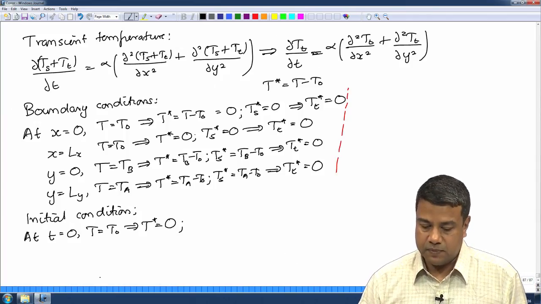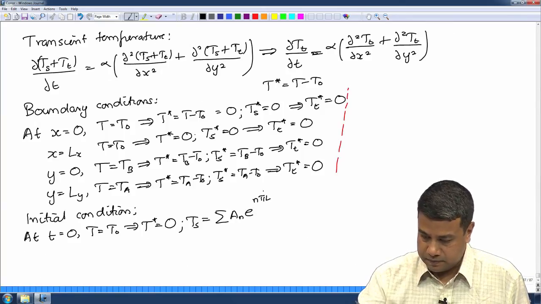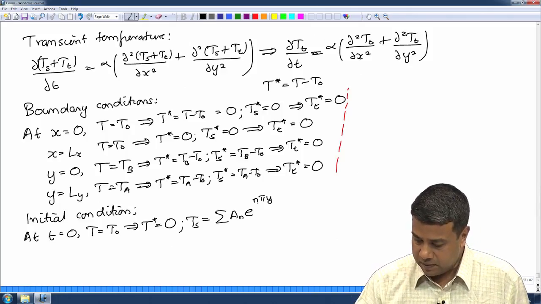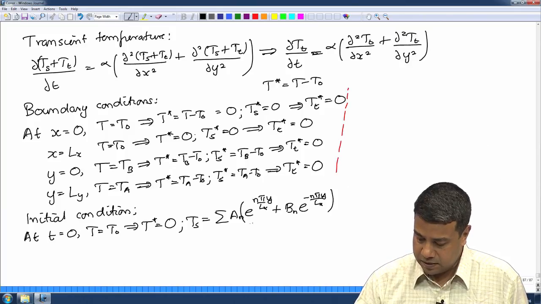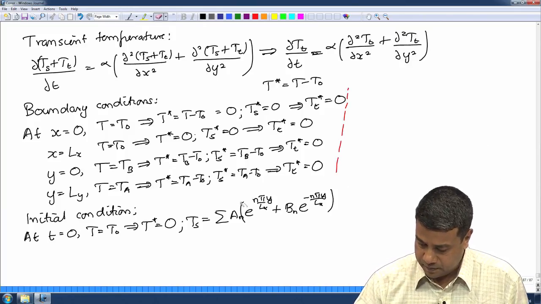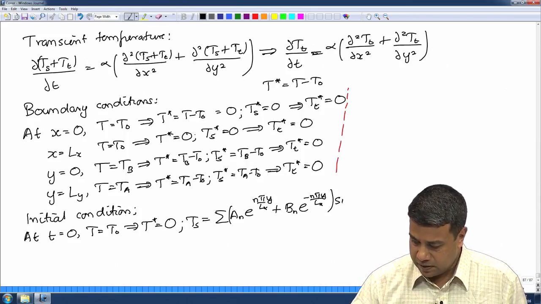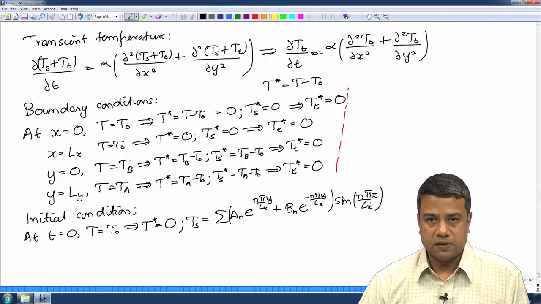The steady part is independent of time. So, the steady part is going to be equal to this summation of a n e power n pi y by L x plus b n e power minus n pi y by L x into sin n pi x by L x, where these coefficients are known.